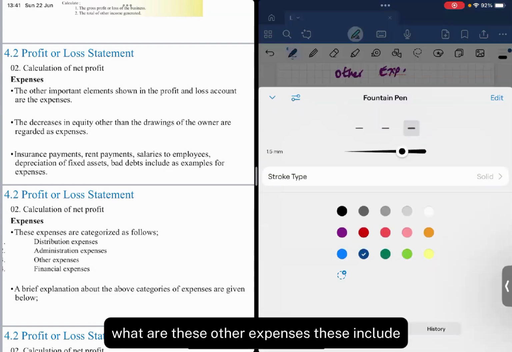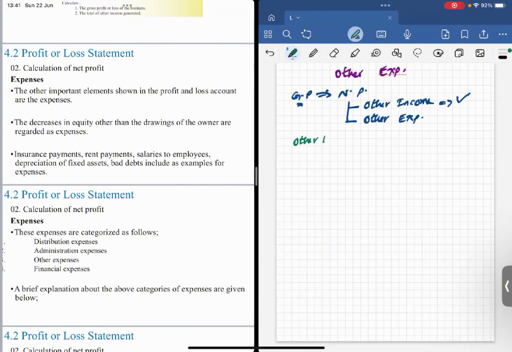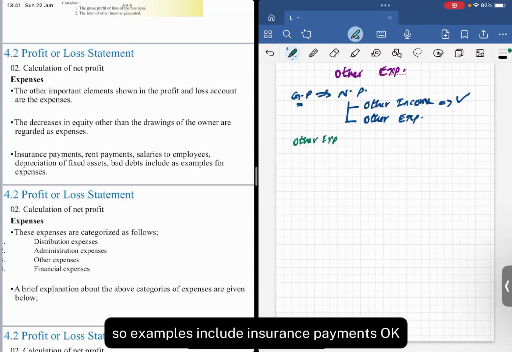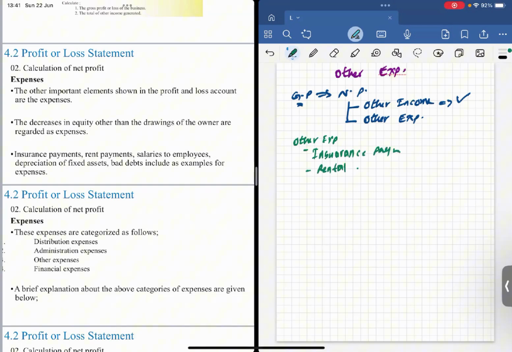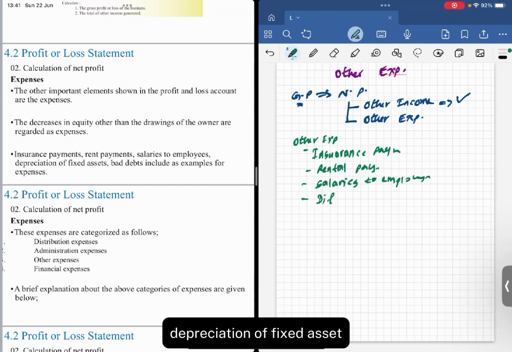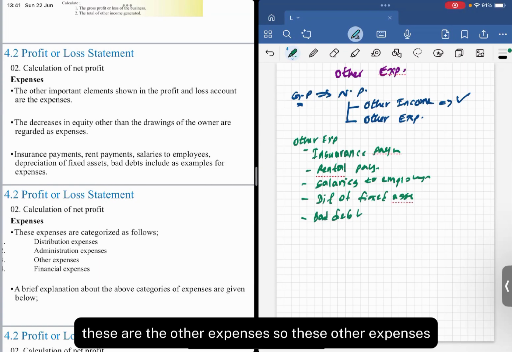These include insurance payments, rental payments, salaries to employees, depreciation of fixed asset, bad debt. Okay, these are the other expenses.